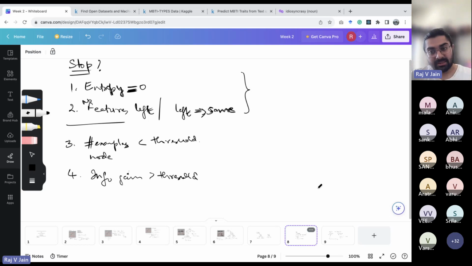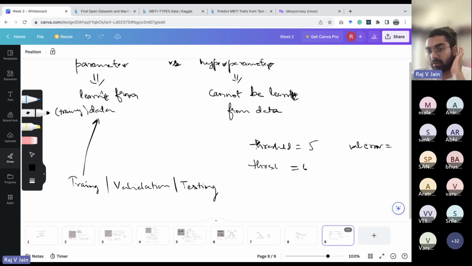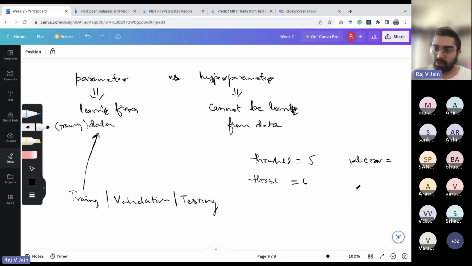It's possible that some node got expanded at threshold 5, but at threshold 6 that node doesn't get expanded. So you have learned two different rules, two different programs from the data. For threshold equal to 6, you will again train, test that model on the validation data and get a validation error.